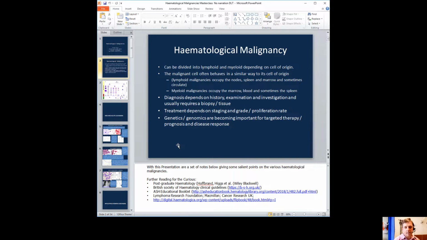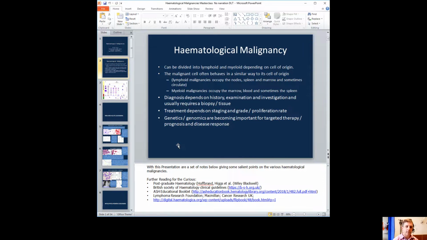For diagnosis of any hematological malignancy, we need history, examination, and investigations. And the investigations are usually some tissue, biopsy, or a liquid sample, but often a solid tissue biopsy.